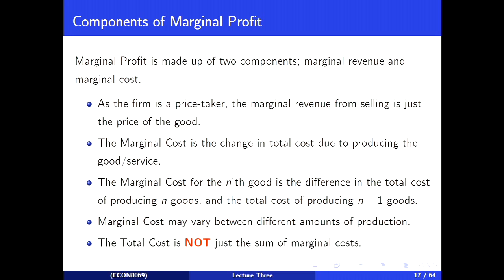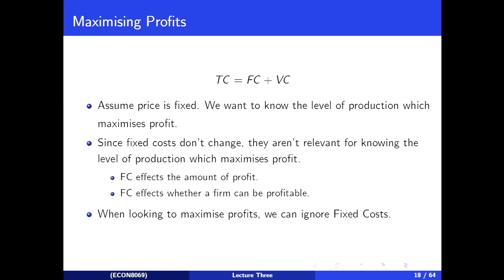As an annoyance, this is different than the demand case. In the demand case, total benefit was just the sum of the marginal benefits. Here, total cost is not just the sum of marginal costs. It is an annoyance, but it is true. Total cost is not the sum of marginal costs. What is the sum of marginal costs is variable costs.